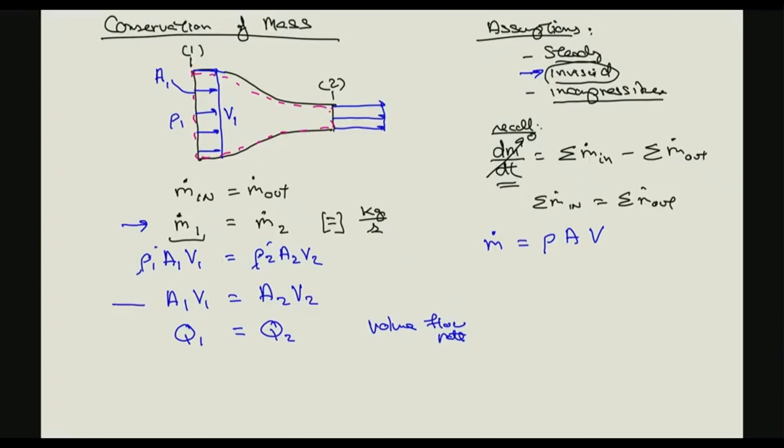Then you can see that if you solve for V2, then that's A1 over A2 times V1. Okay? So for the steady incompressible flow, if the area decreases, the velocity has to increase to conserve the volume flow rate.